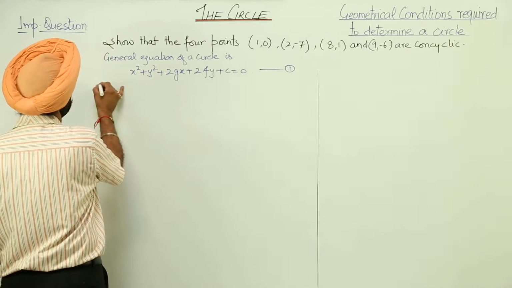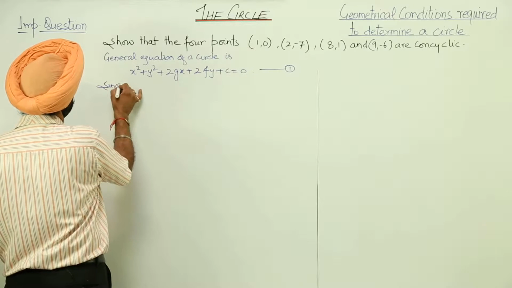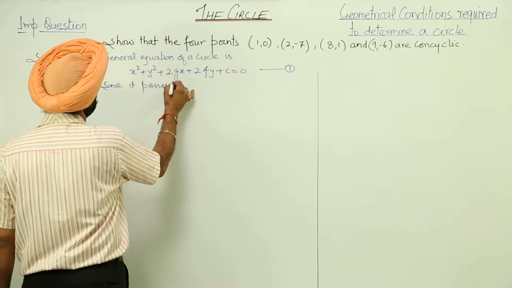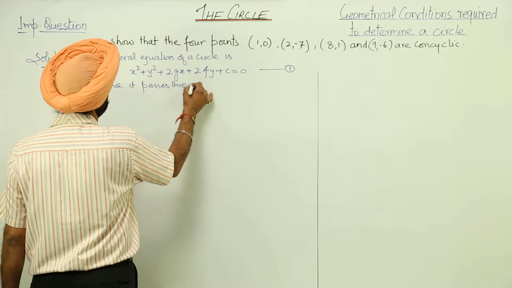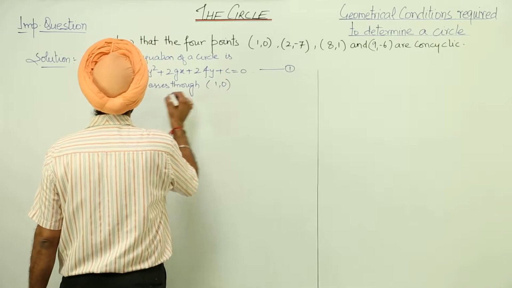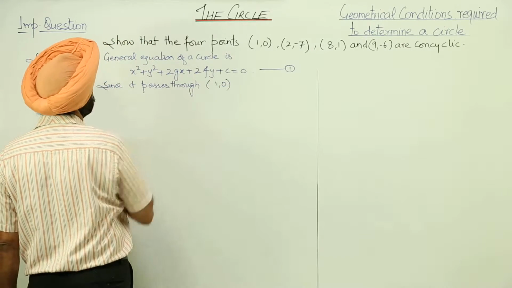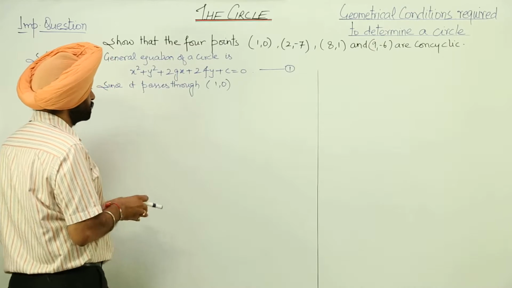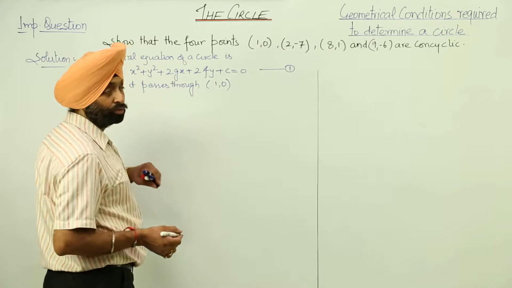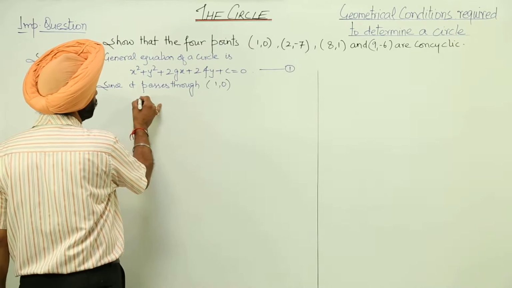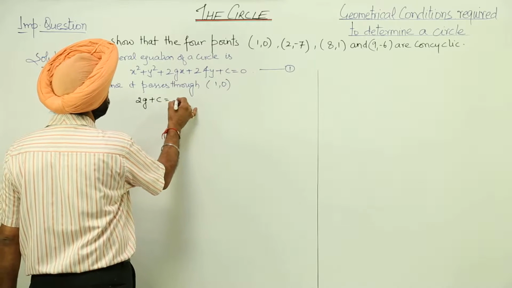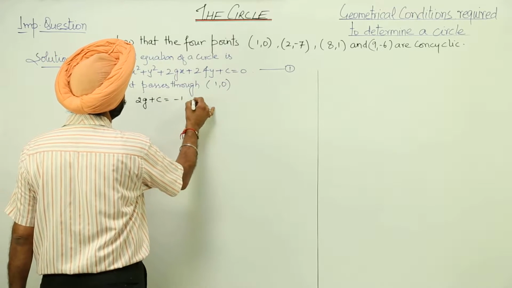Now, since it passes through the first point, 1, 0, substituting x is equal to 1 and y is equal to 0, what are we getting? 2g plus c is equal to negative of 1.